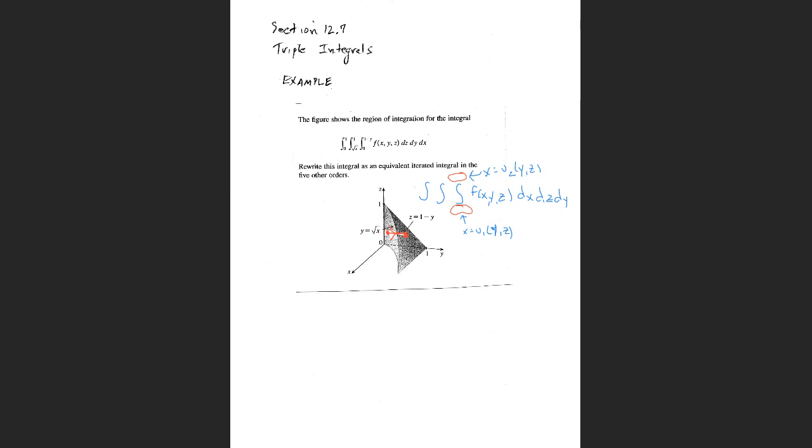Because I'm doing dx first, I'm going to go from a surface on the left to a surface on the right, but I think I have this wrong. Hold on. Let me do it again. We're going to get it, class. Most of what I wrote was okay, but let me just rewrite it again.